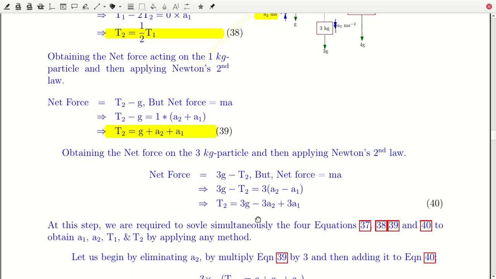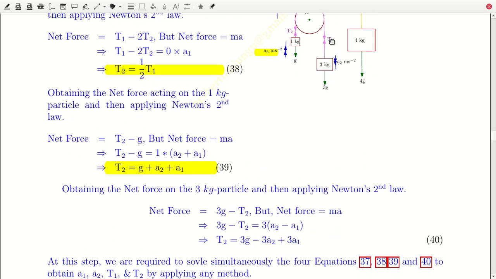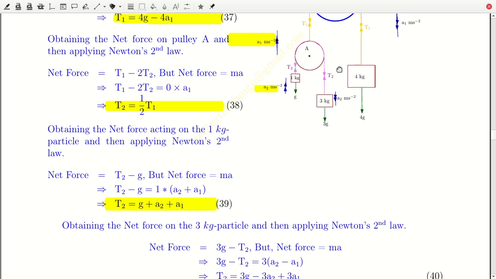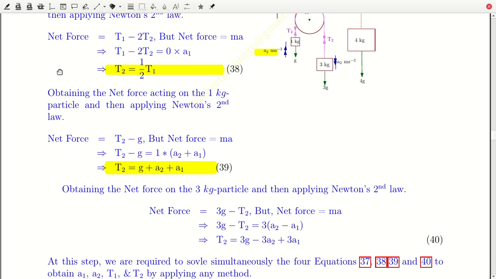We do the same on the 3 kilogram particle, but for it, as you can observe, this acceleration A2 is opposing A1. So its resultant acceleration will be A2 minus A1. So the net force will be 3G minus T2 equals 3 times the resultant acceleration, which is A2 minus A1. When you simplify, you come up with equation 40.